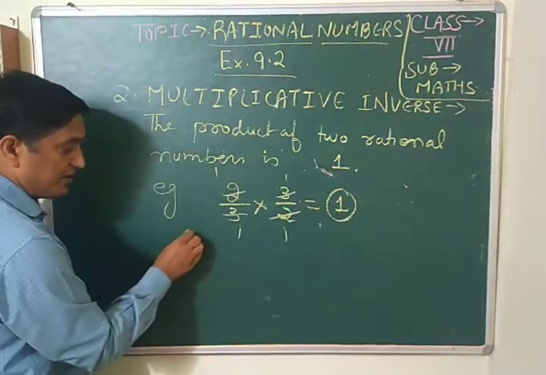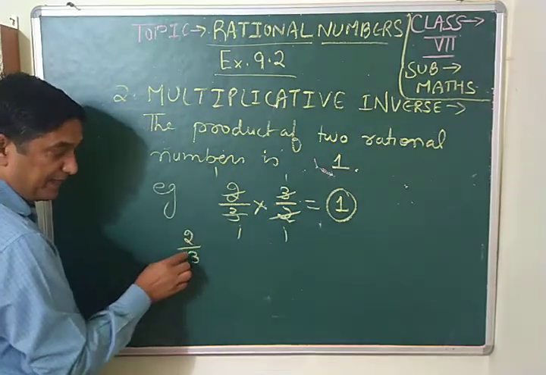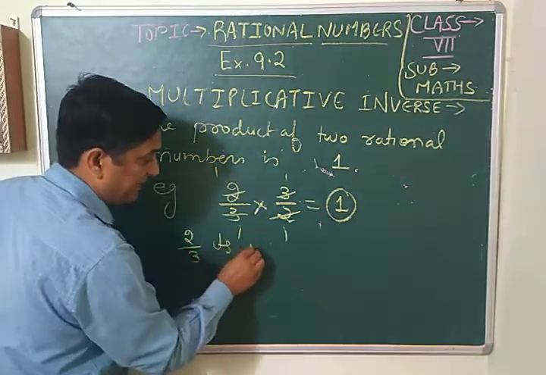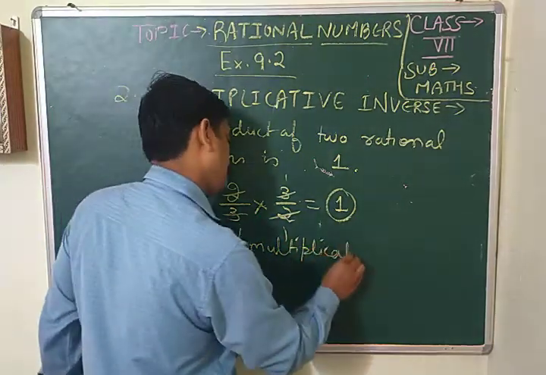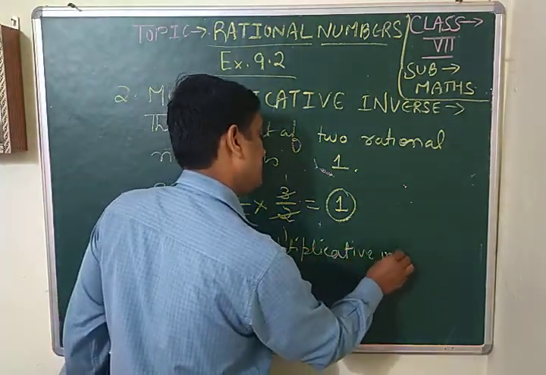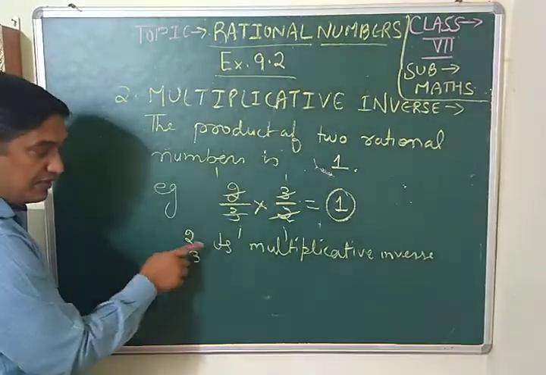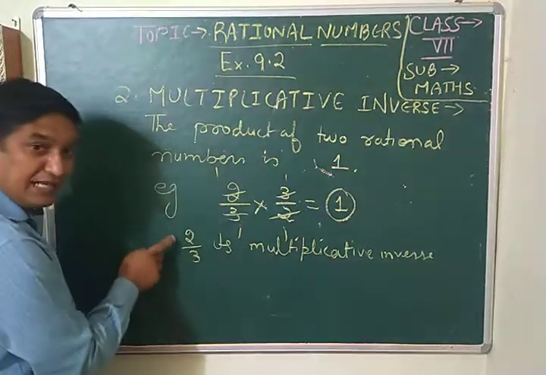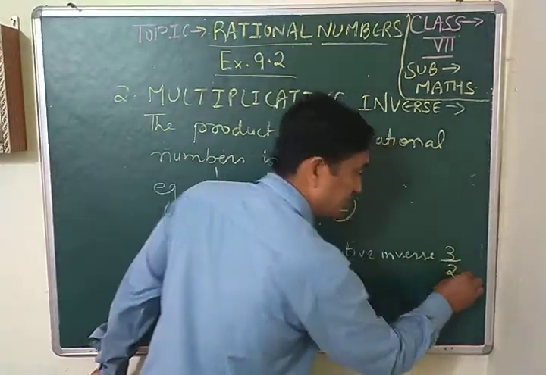It means the multiplicative inverse of 2 by 3 is its reciprocal, that is 3 upon 2.